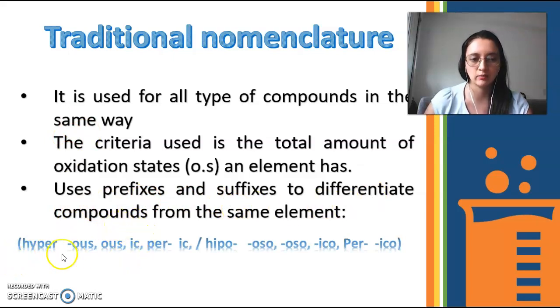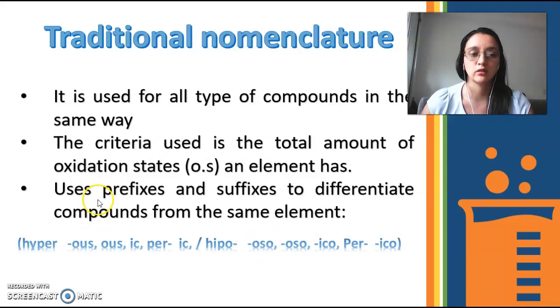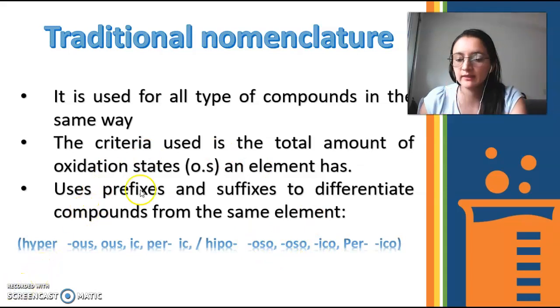So hypo, ous, ic, per, ic, and so on and so forth. And in here we have them in Spanish as well. So maybe you have heard of some endings of names like this, also ico, per, ico, so that's where they come from. So let's have a look at an example to see how these work.